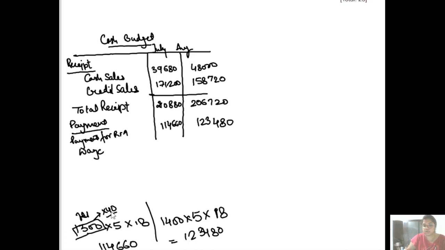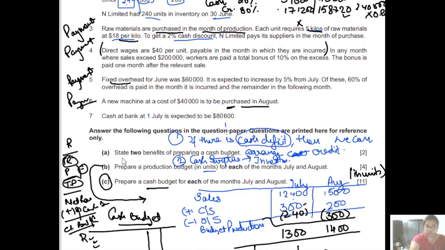So 1300 into 40 is 52,000, and 1400 you produce in the month of August. So 1400 into 40, that is 56,000. Okay, after that, next point, fourth is done.